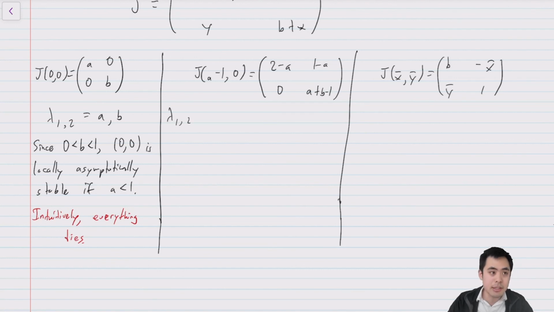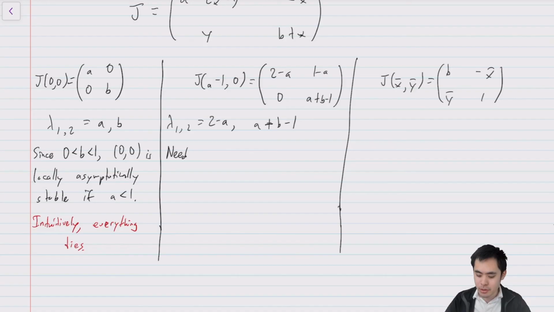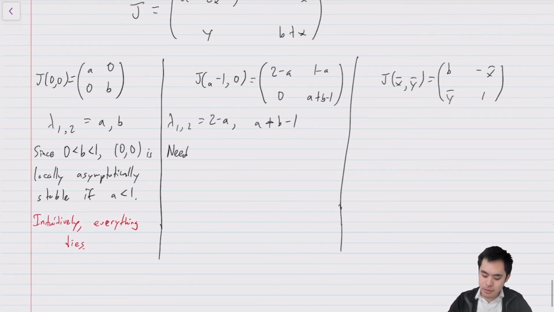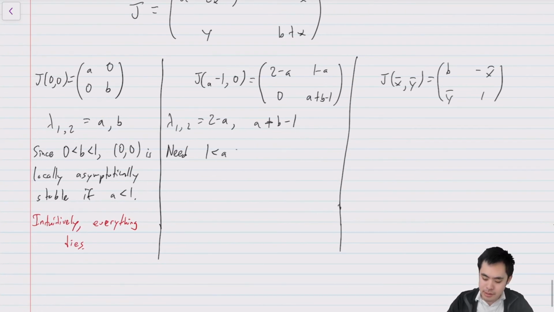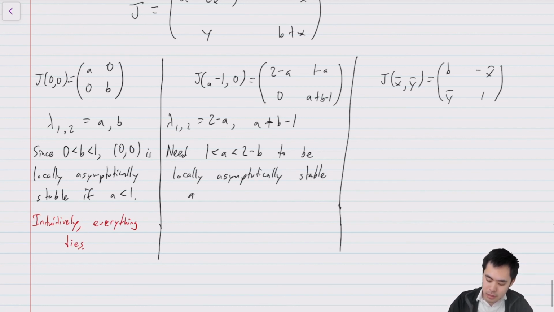In the second case, lambda 1 and 2 are equal to 2 minus a and a plus b minus 1, since this is a triangular matrix. In this particular case, we just need both of these to have magnitude less than 1. So we need 1 is less than a is less than 2 minus b to be locally asymptotically stable and non-negative.